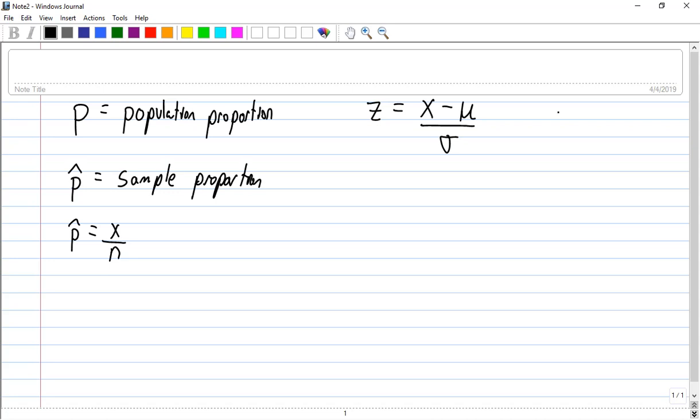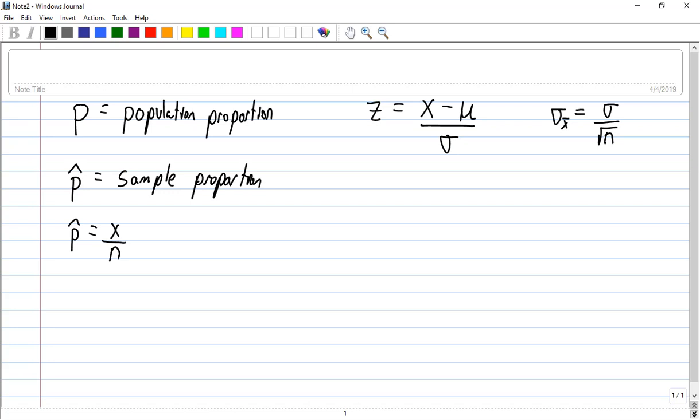With the central limit theorem, remember sigma sub x bar was equal to sigma divided by the square root of n, because we were finding probabilities for a group of people. And that n is the sample that we take out of the population.